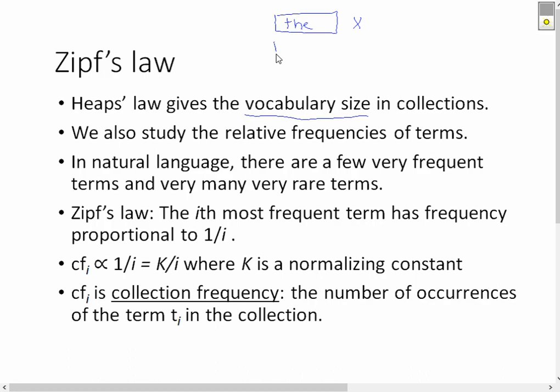It says the next most frequent word, let's say "a," is going to appear half that many times. And the third one is going to appear half again as many times, and so on and so forth. So Zipf's law gives us a way of understanding how this data is going to look.